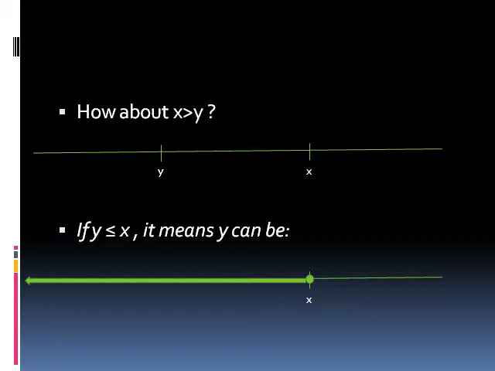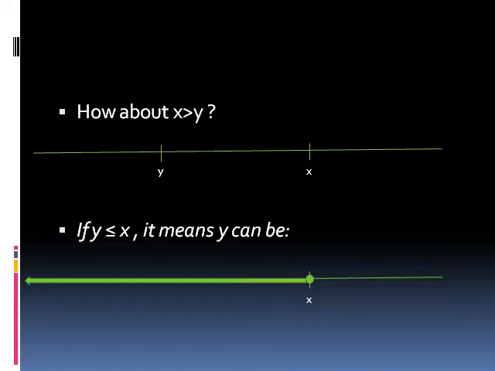Let's say in the example below, what if y can be less than or equal to x, what would the number line be? Well, in this case, you cannot see the y in the number line. Any number represented here would be a value of y with regards to what x is.